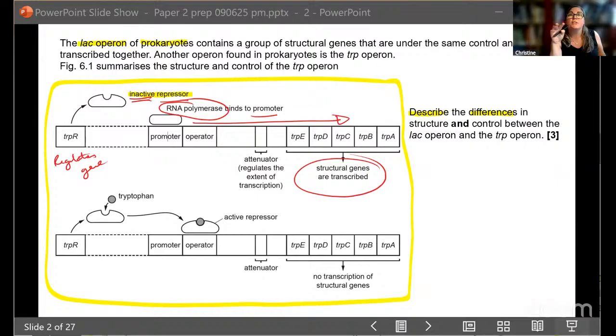So this is where you get a curveball. You memorize the lac operon and they give you a question which is assessing your understanding of the lac operon on a different example.